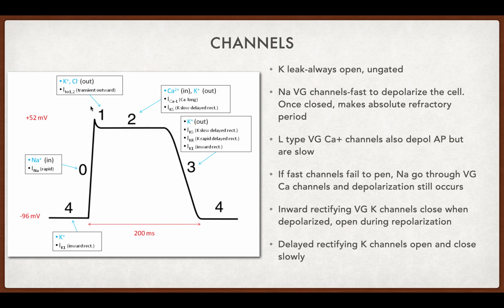And then once those close, it's going to be the absolute refractory period, and that means no more impulses will force this to open. And then the L-type voltage-gated calcium channels also help to depolarize the action potential, so more positive ions come in, but they are slower, so they will kind of initiate that plateau.